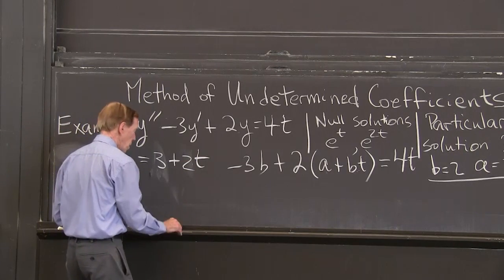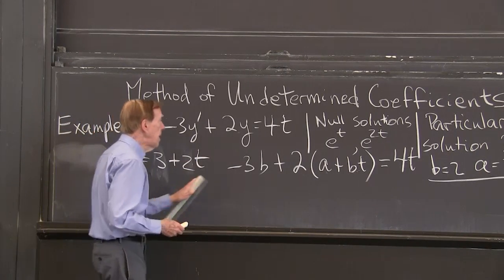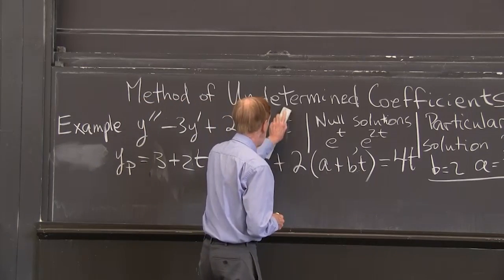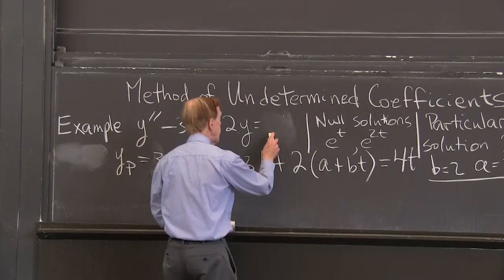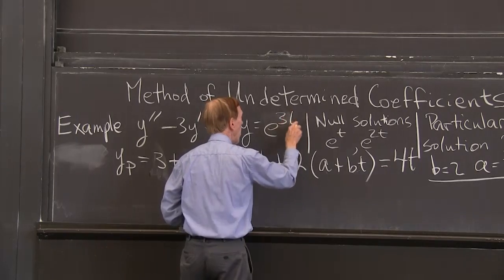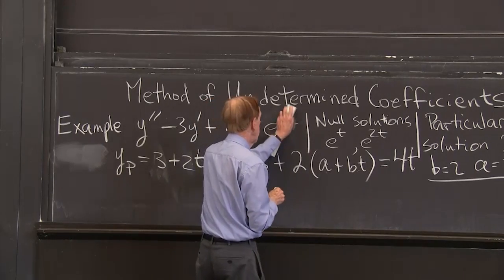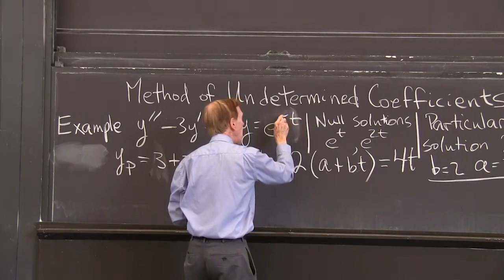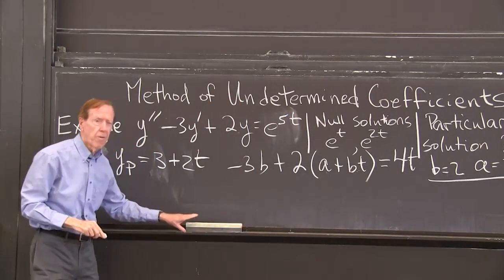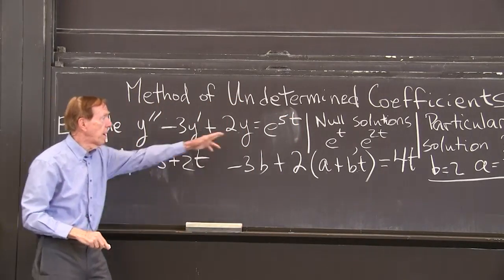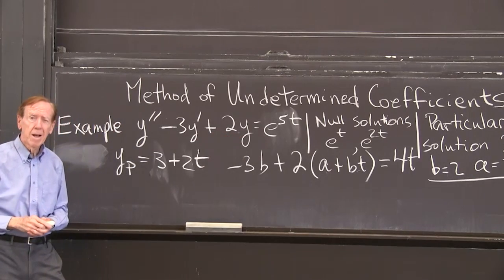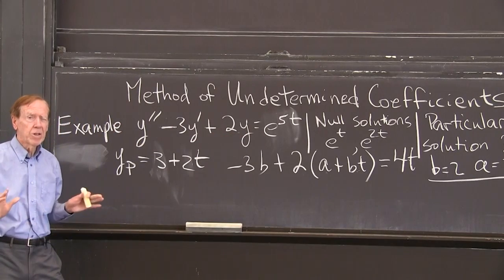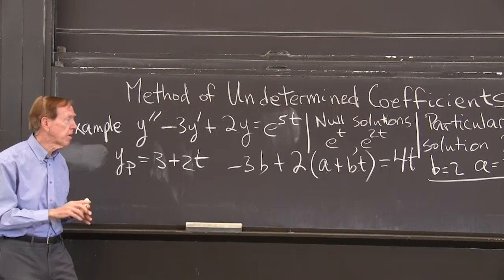What if this was e to the, say e to the 3t, or e to the st. Let me put any exponent there for the moment. So now we have a different right-hand side, a very nice function, the best function of differential equations.